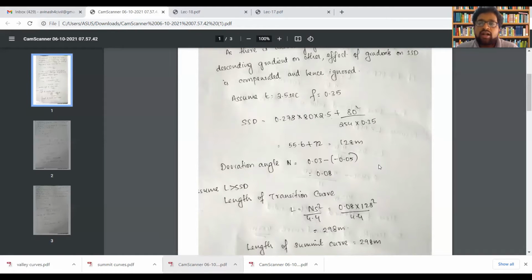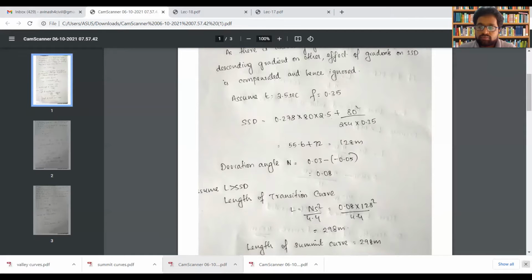For better reference, refer to the handout which I am providing through Google Classroom, where it is explained with a diagram. Here the second gradient is a descending one, so 0.03 plus 0.05 will give the deviation angle as 0.08.